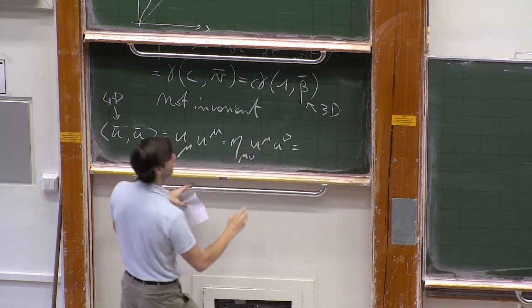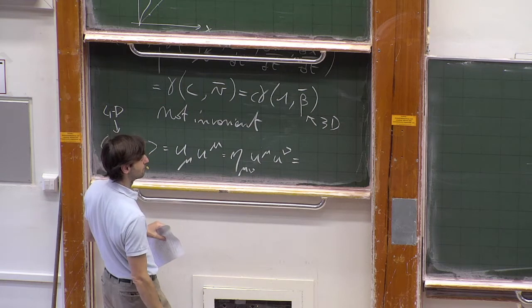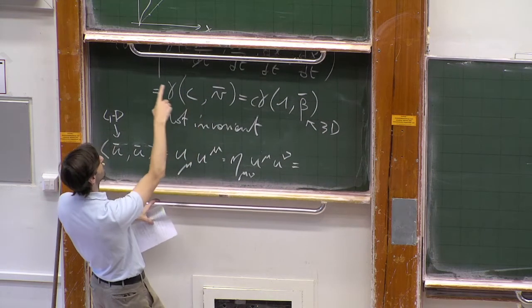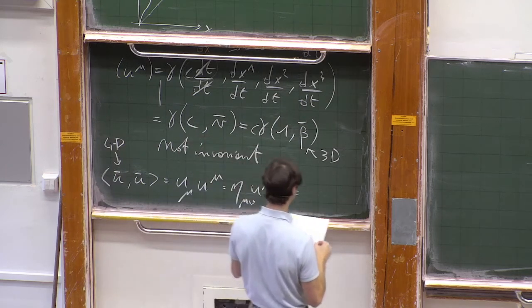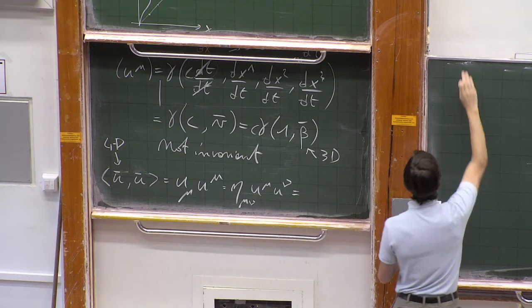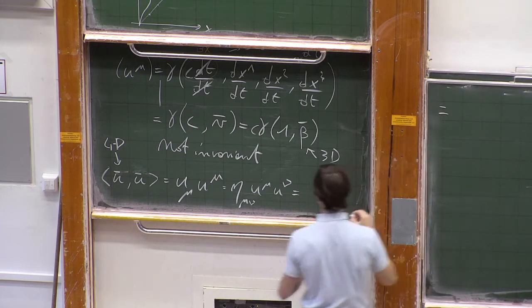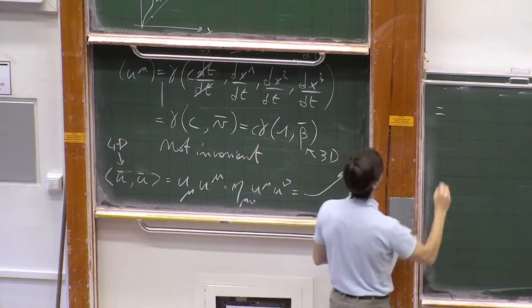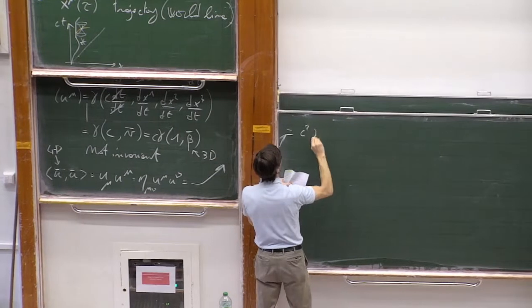And now we can express our component of the velocities as we express it here, right? Therefore, let me go quickly. Let me continue here. So we continue with the velocity. And we get c squared gamma squared.